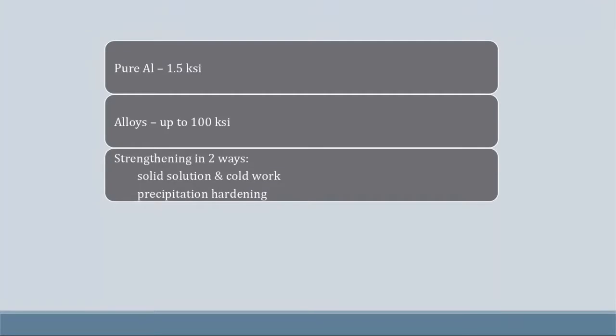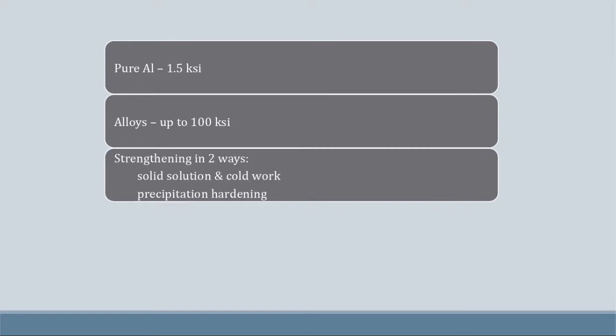So pure aluminum in its purest form is pretty weak. It's only at 1.5 KSI, but you can alloy it in order to come up with strengths approaching 100,000 PSI, 100 KSI. And just like steel and ferrous alloys, there are ways that you can strengthen your material.